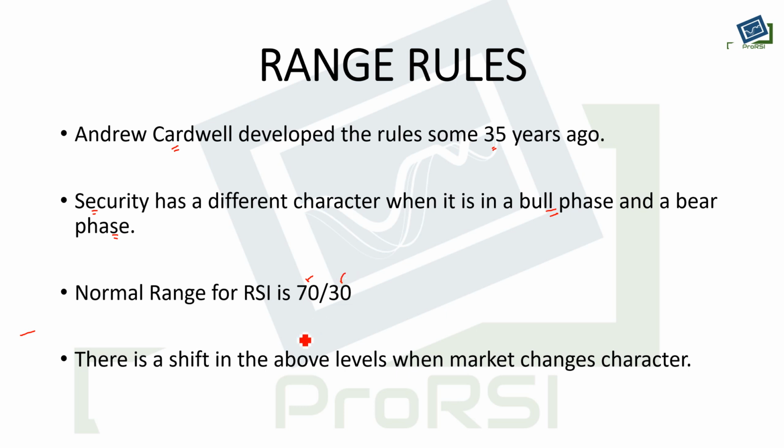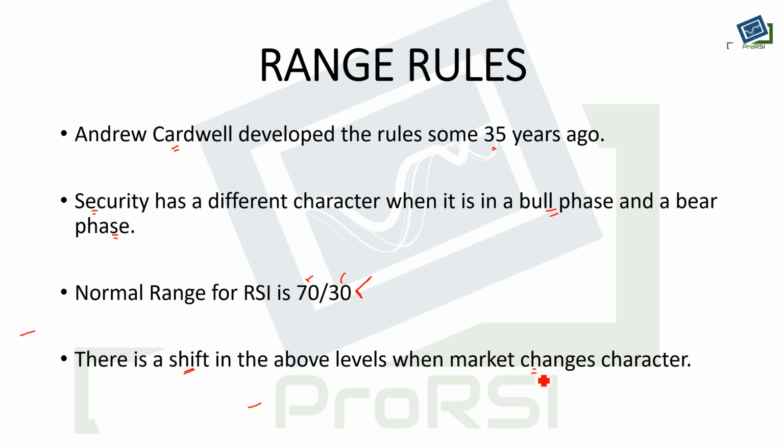That is, RSI normally oscillates between 70 and 30, but there is a shift in this character when the market changes character. This range of 70-30 generally does not obey the oversold and overbought levels when the market changes character.